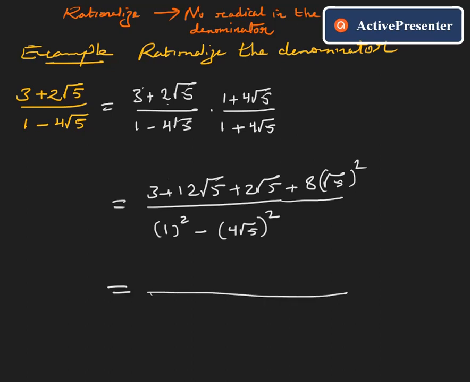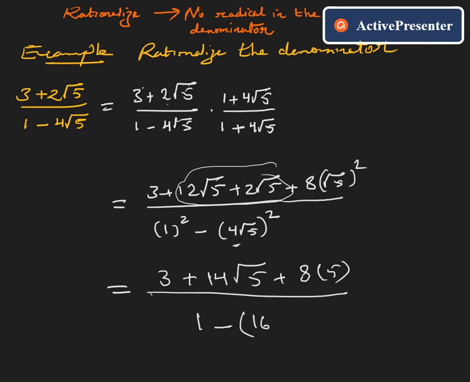We will combine like radicals here, and we will see 3 plus 12 plus 2 is 14 square root of 5, plus 8 multiplied by 5, over 1 minus 4 squared is 16, square root of 5 squared is 5.